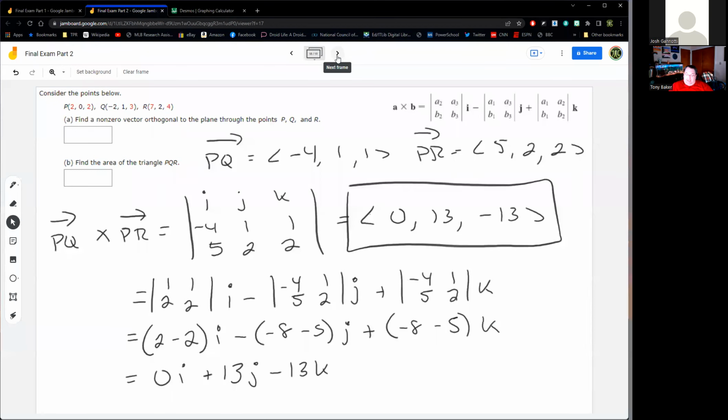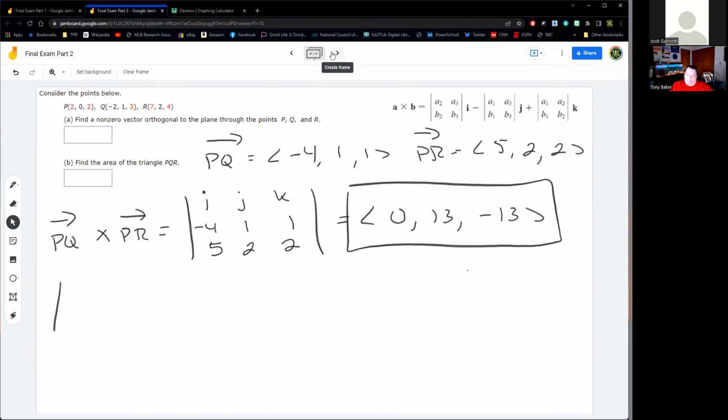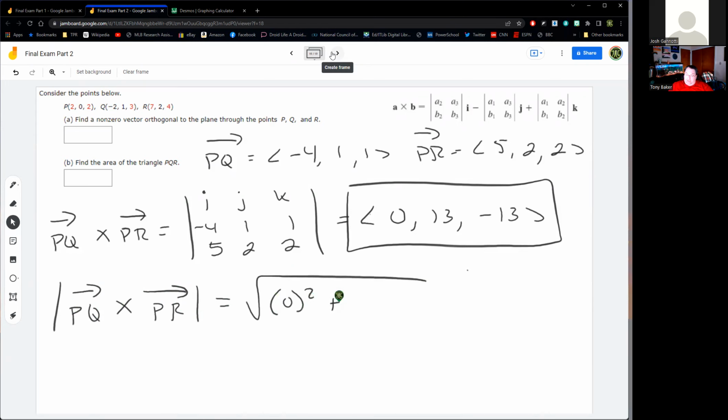And the last thing it says is find the area of the triangle. So the area of the parallelogram, one of the formulas for it, is just the absolute value or the length of the cross product. So I'm just going to find the length of this. I have 0 squared plus 13 squared plus negative 13 squared, which equals 169 times 2.